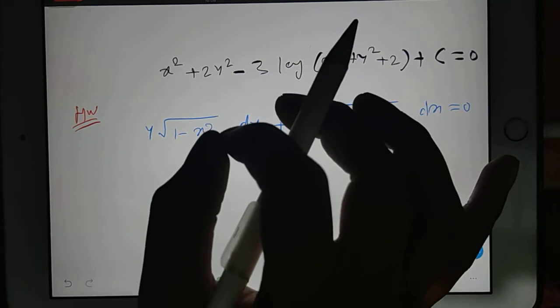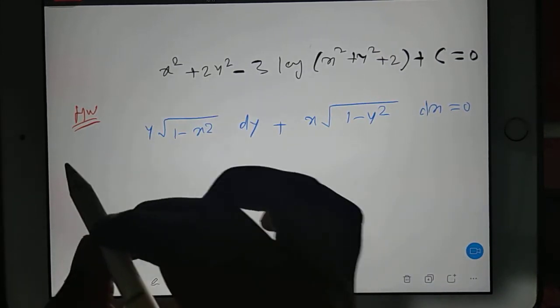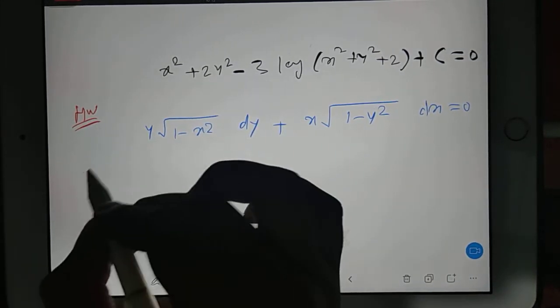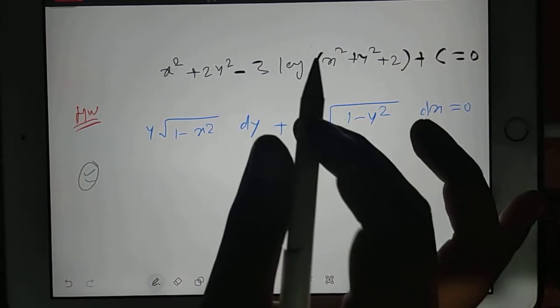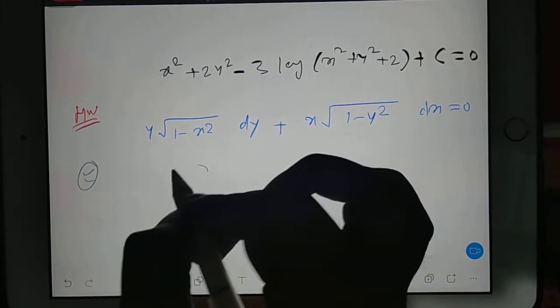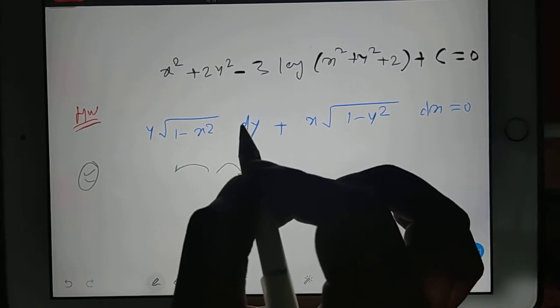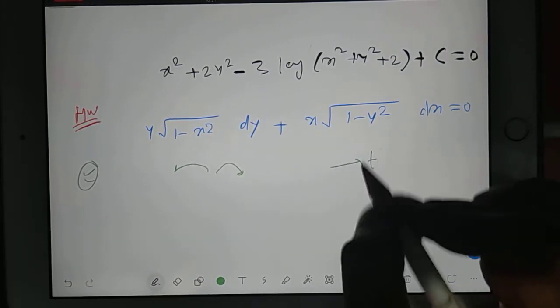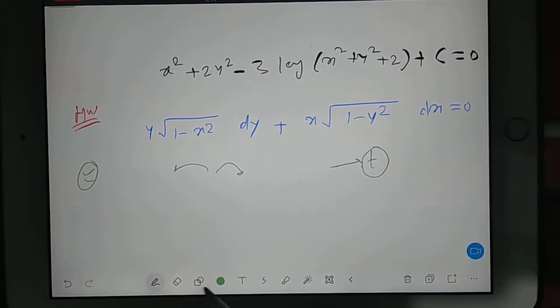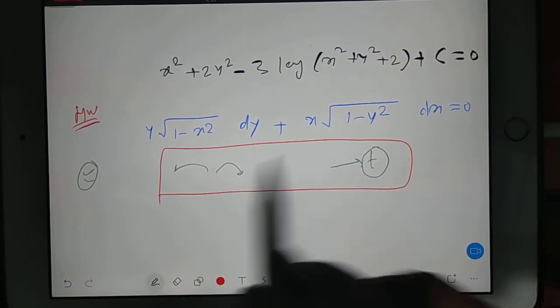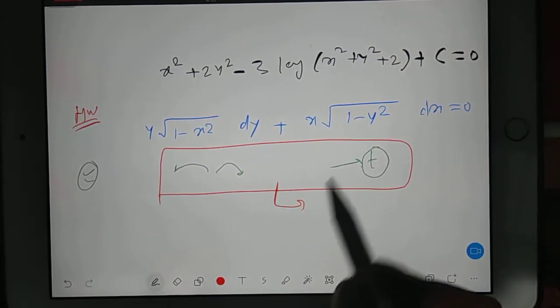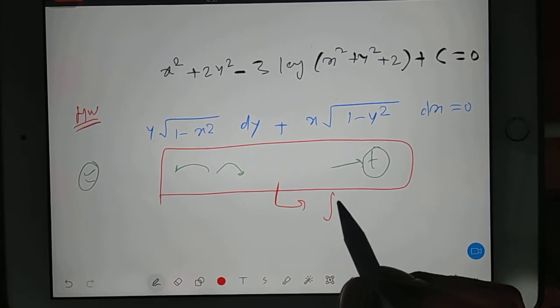Okay, now I have explained all the types of methods. So this is how variable separable will work. Sometimes you can easily separate the variables. Sometimes with this kind of t substitution you can separate the variables. In this method the situation is very simple, but complications will come if you do not remember the integration formula.